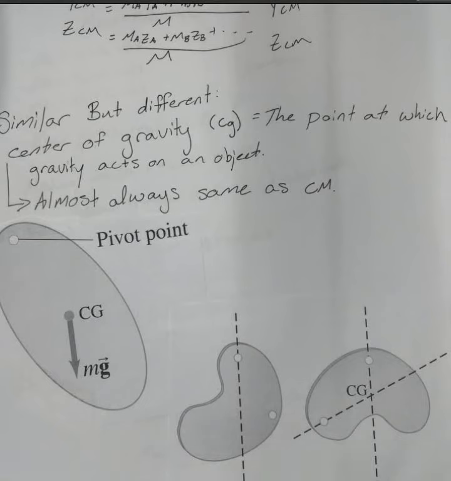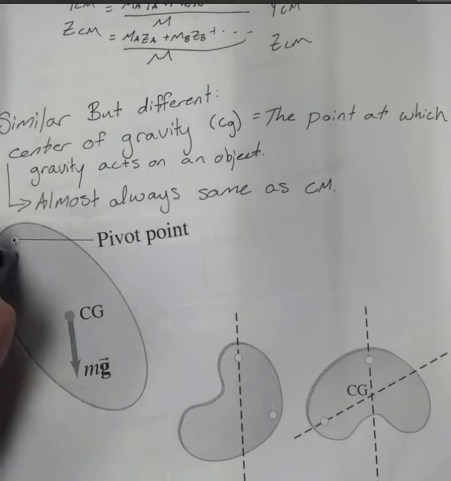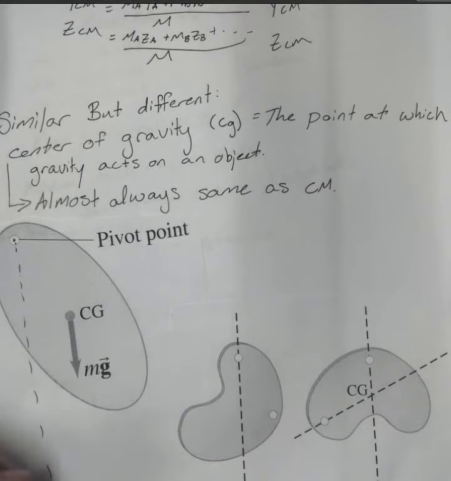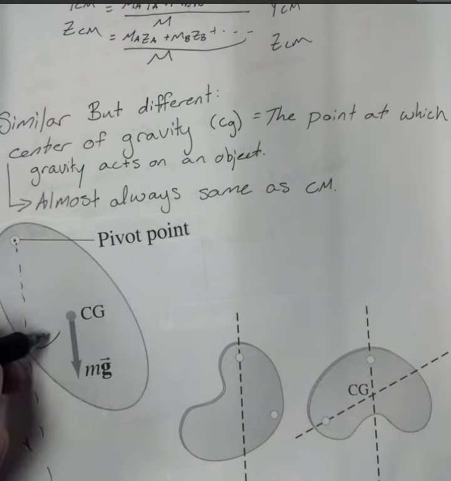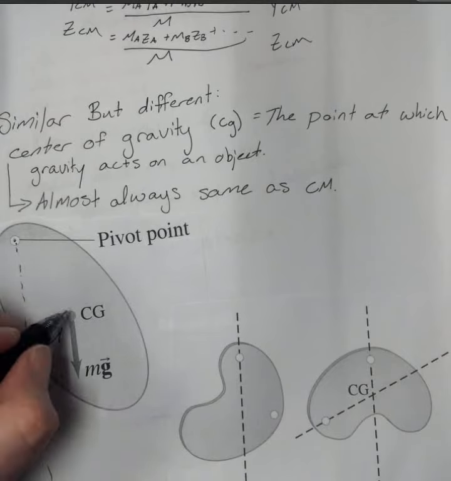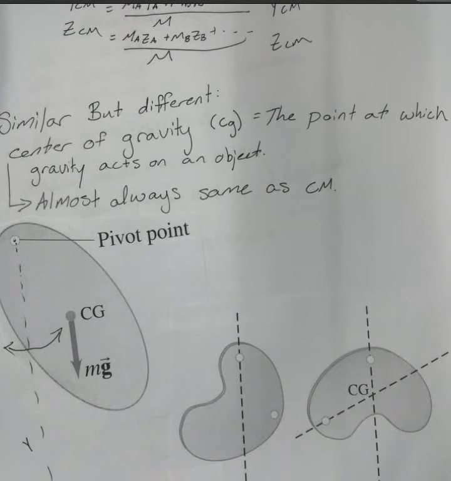If you have an object and you set it up on a pivot point, that object is going to swing back and forth unless the center of gravity is located directly on that line below the pivot point. If that happens, then you know exactly where that center of mass is.